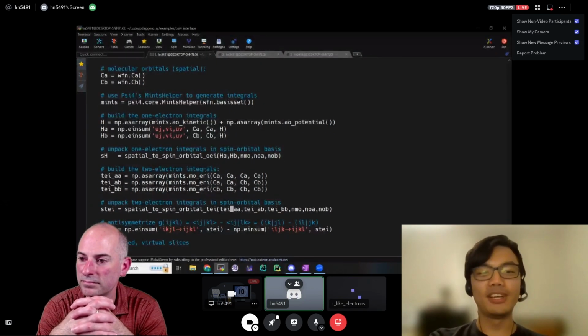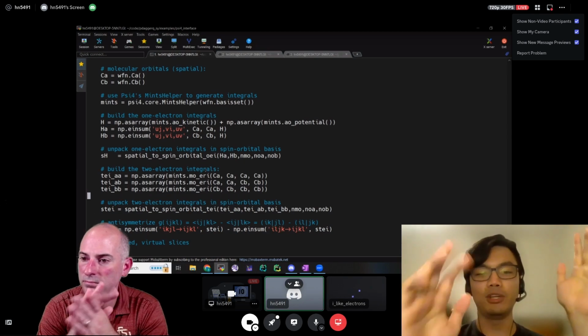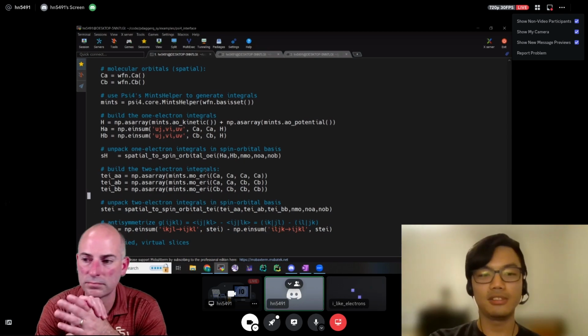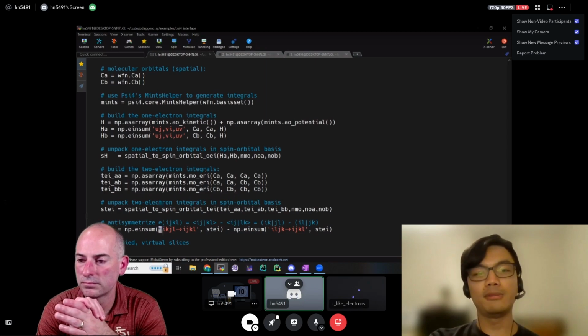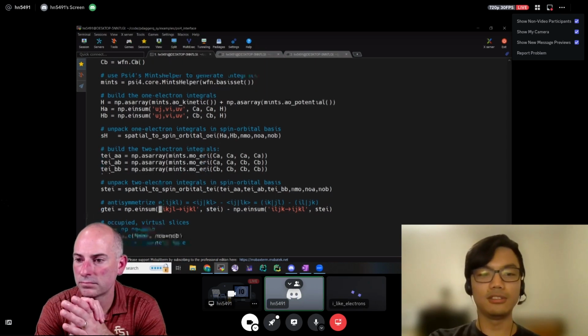Again, and then you just plug it into this function, which will unpack two electron integrals from spatial or molecular orbitals to spin orbitals. And then you got to antisymmetrize your two electron integrals.